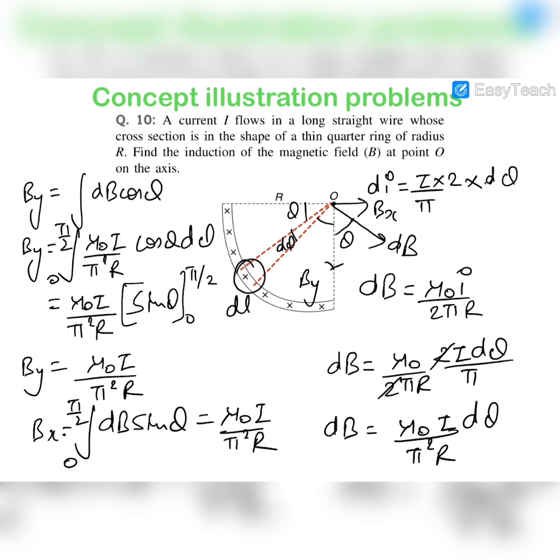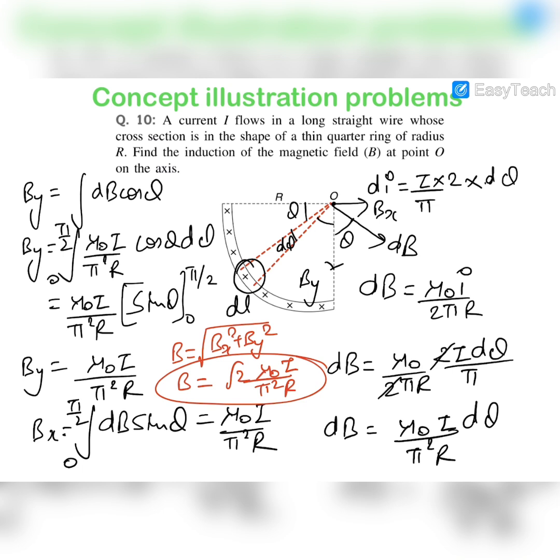So we can say that the net magnetic field will be the square root of Bx square plus By square, and as Bx and By are equal, the net magnetic field will be equal to root 2 mu naught I by pi square r. So this will be the final answer. Now let us move on to the next question.